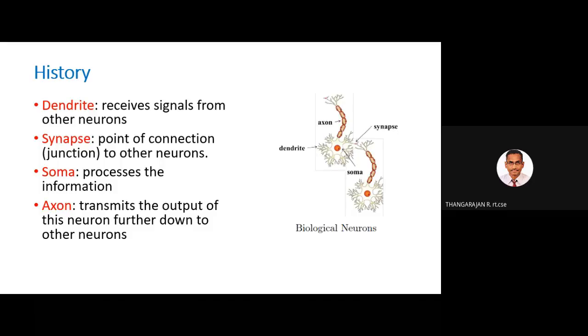Information is processed in the form of electrical impulses, what you see in an EEG or an ECG. But at the cell junction, these electrical processes are converted into chemical processes by neurotransmitters, and as I told you, these make the junction either an inhibitory junction or an excitatory junction.